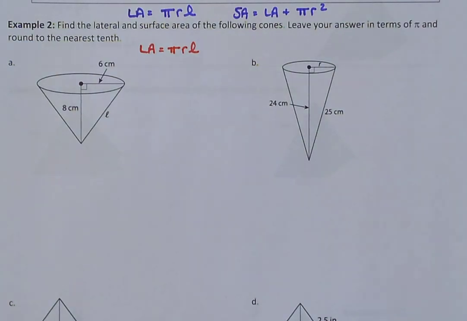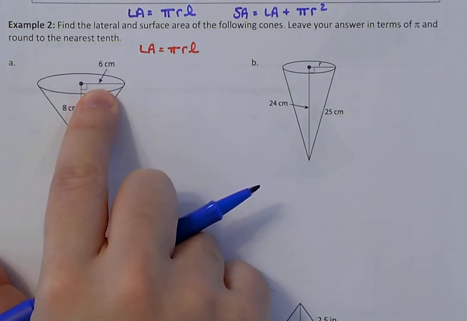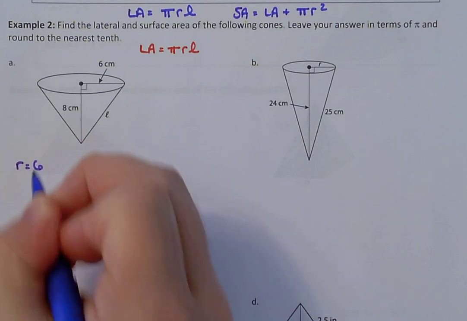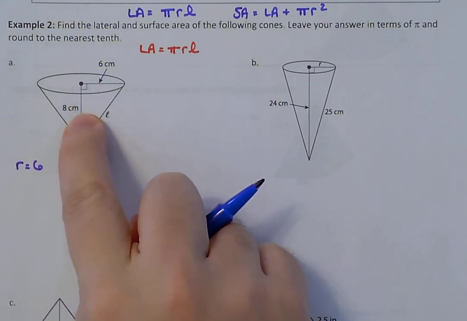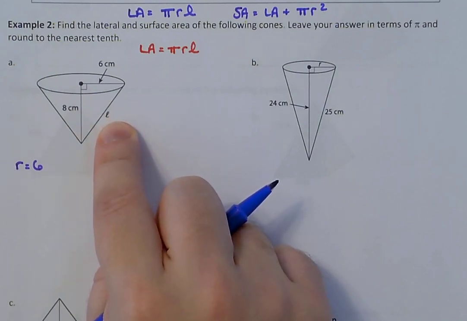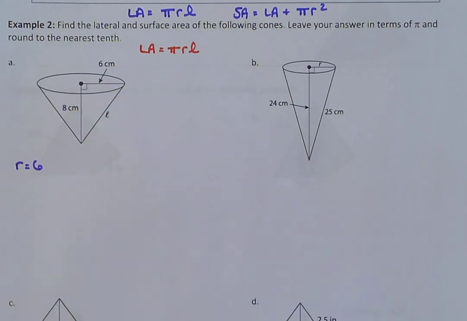Based off the diagram, I know our radius to be 6, and our slant height, instead of the height, is L. We do not know our slant height, but we have a right triangle, and we need to find a missing side length, so we're going to use the Pythagorean theorem.